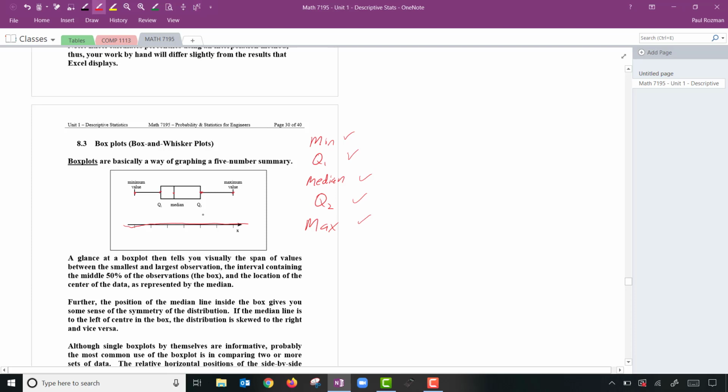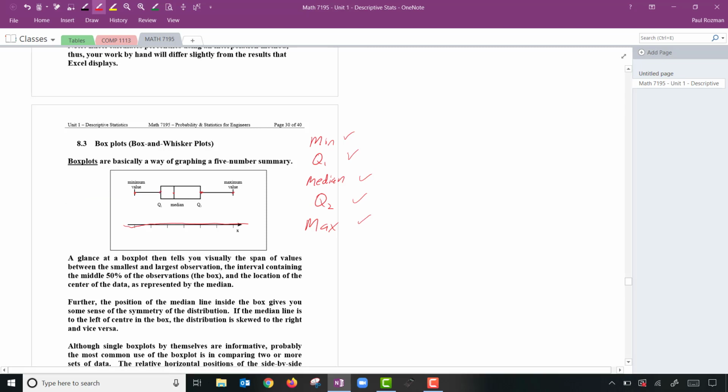Well, things you can quickly see is you can see if either of the whiskers ends up being particularly long. Like if you had a whisker sticking way out this way, you go, well, maybe that's an unusual value. So it's a way to help you identify if there are outliers in your data set.